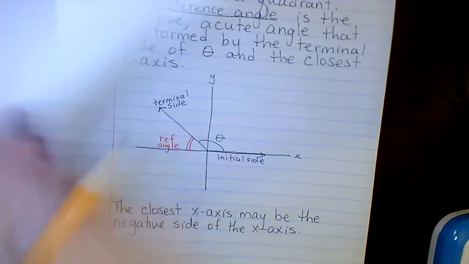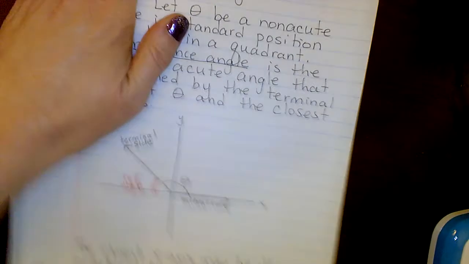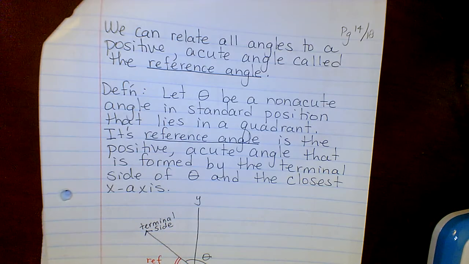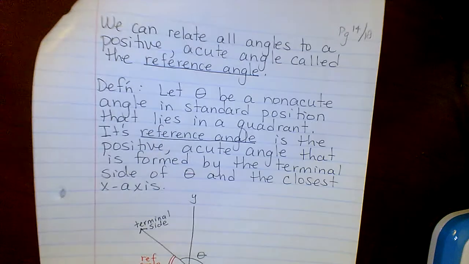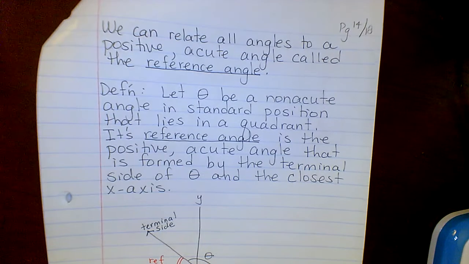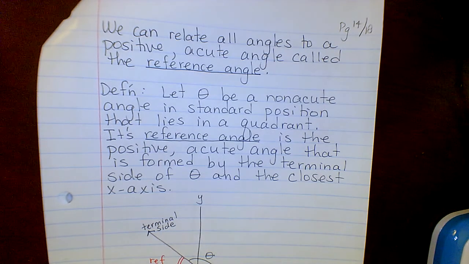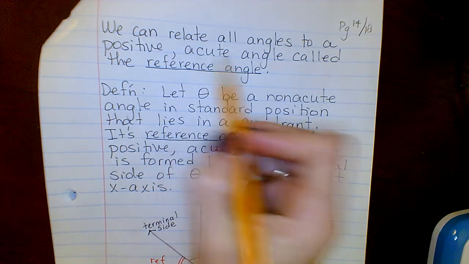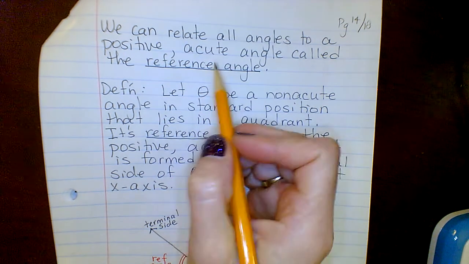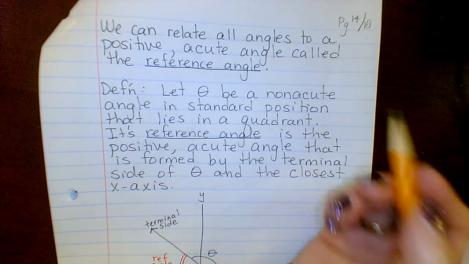Now this is working toward something called reference angles, which if you've had a trig class before, you've probably seen these. You've been waiting for this moment, and here it is. We can relate all angles to a positive acute angle called the reference angle. Now remember, acute means between 0 and 90. Okay?